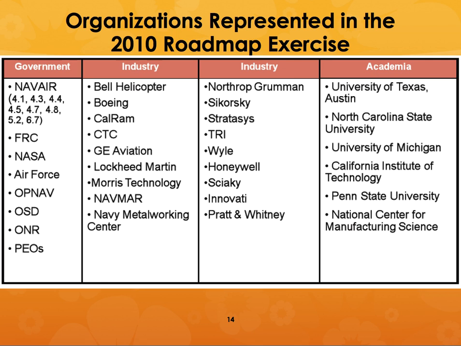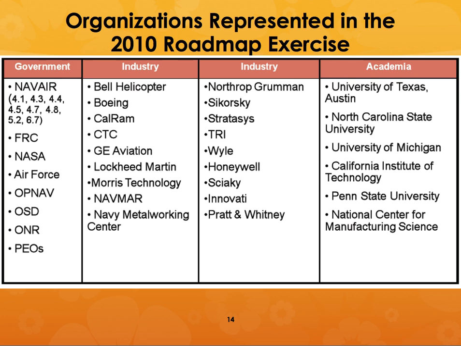And these are the types of organizations that were represented in the 2010 roadmap exercise, especially related to defense platforms. And so you can see that NAVAIR, for example, the 4.1, 4.3, etc., they are all the initial stages of the technology development exercise.